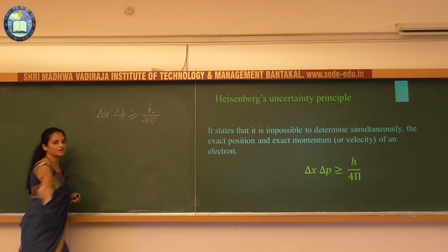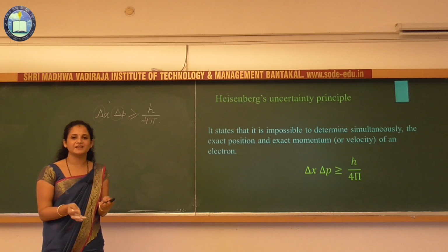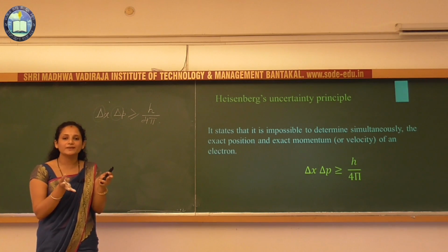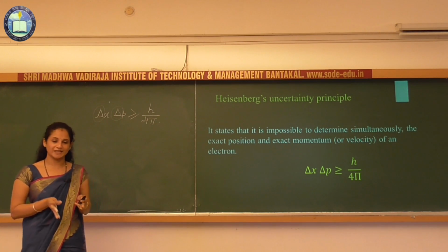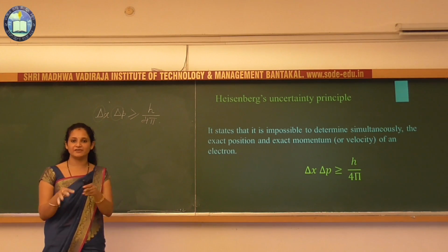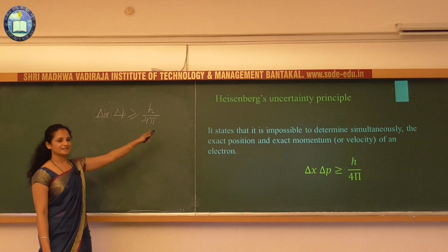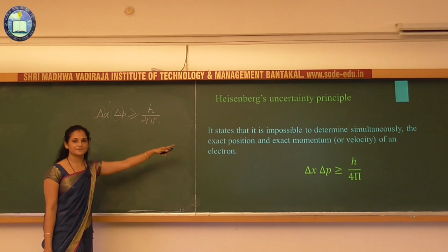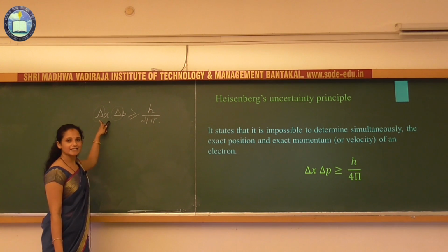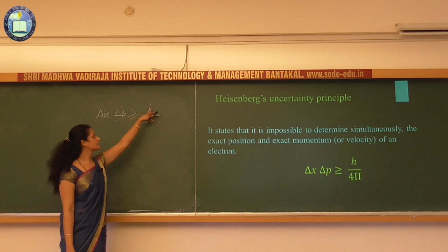Delta represents uncertainty. Uncertainty means not sure; we are not getting the accurate value. We will get some error. We are not sure about the position and velocity of microscopic objects. So the mathematical expression was given as delta x into delta p is equal to or greater than h by 4 pi.